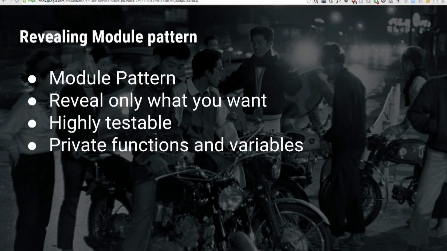While in a revealing module, everything is declared in the function, so everything is private by default from initialization. Then at the end, you return an object literal, where you neatly declare everything you want to expose. I know this is very high level, but I can show the example.